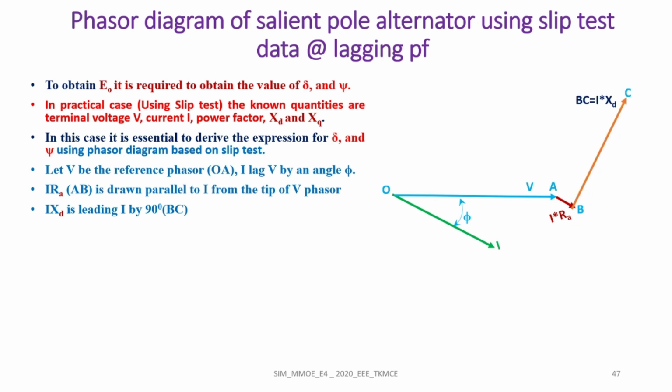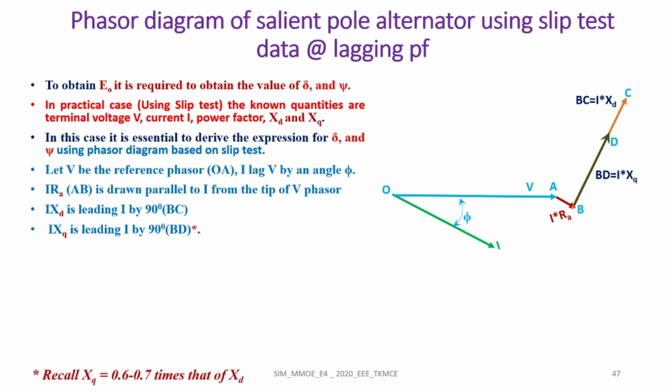And we consider the I into XQ drop, leading the armature current by 90 degrees, and BD represents the I into XQ drop. It is to be noted that the value of XQ is around 0.6 to 0.7 times that of XD. So BD length is equal to 0.6 to 0.7 times the BC length.